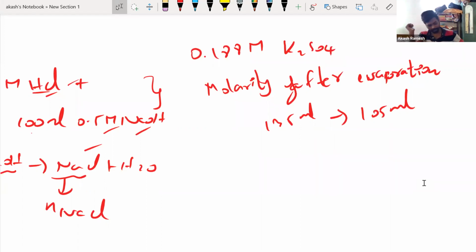So if you can find the number of moles of K2SO4 before evaporation, that will be the number of moles even after the evaporation. Only the volume will change. I think I almost gave you the answer.